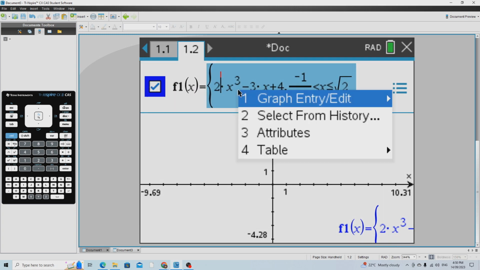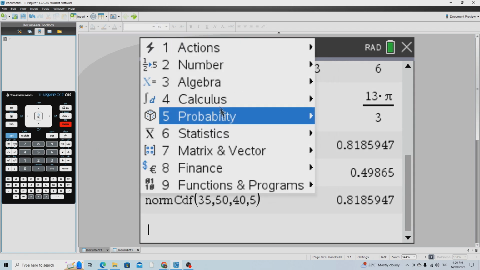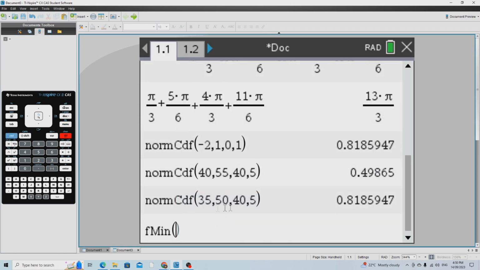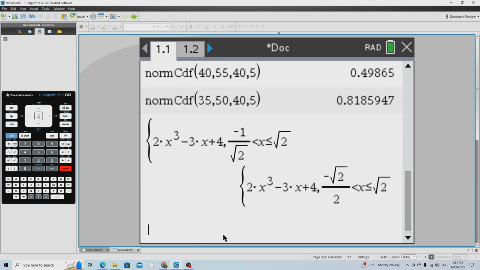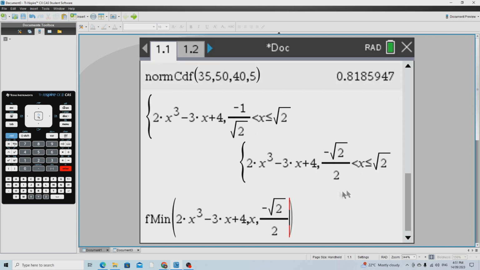Let's take this whole function and go on menu, calculus, minimum, put the function in here, comma x, comma, from this to this.